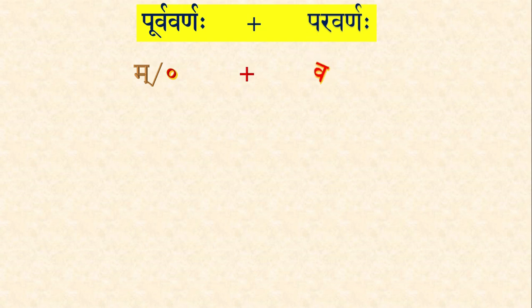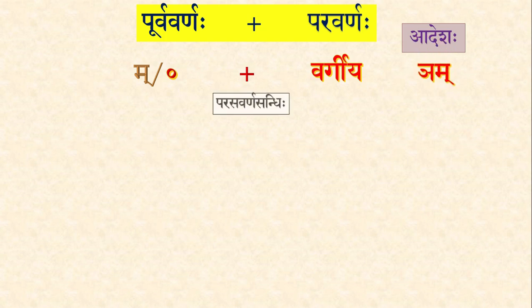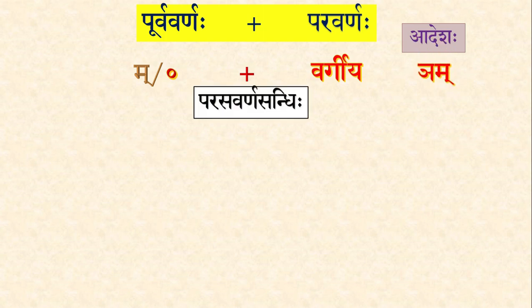The simple formula for this Sandhi is as follows. In place of Purva Varnaha, there must be a Ardhamakaraha or Anuswaraha, and the Paravarnaha a Vargiya Vyanjanam. Note carefully, in Anuswara Sandhi, there must be a Avargiya Vyanjanam, but over here it has to be a Vargiya Vyanjanam.